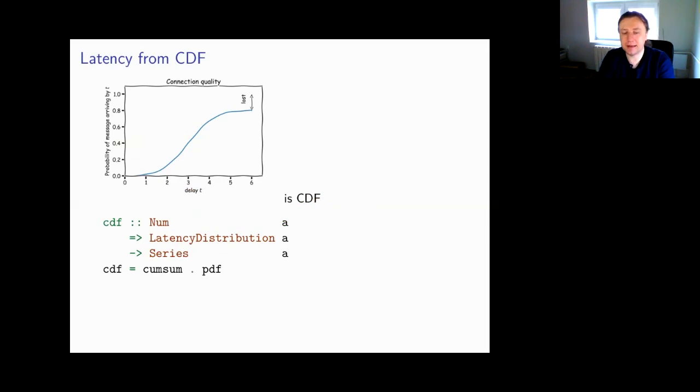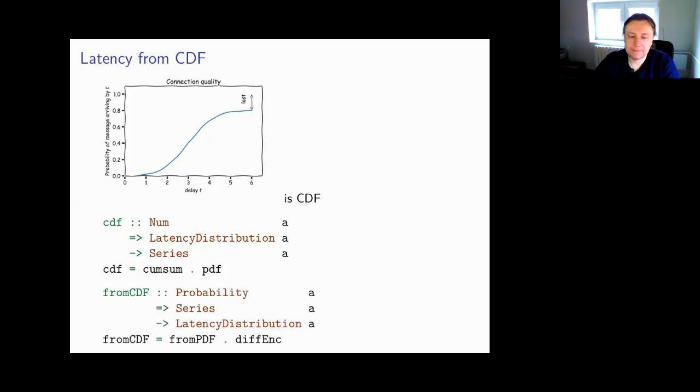So now, basically, to compute a CDF of any latency distribution data type, we just compute the cumulative sum of the PDF. And the same, you can construct the latency distribution from a CDF by using differential encoding or the finite difference operator.